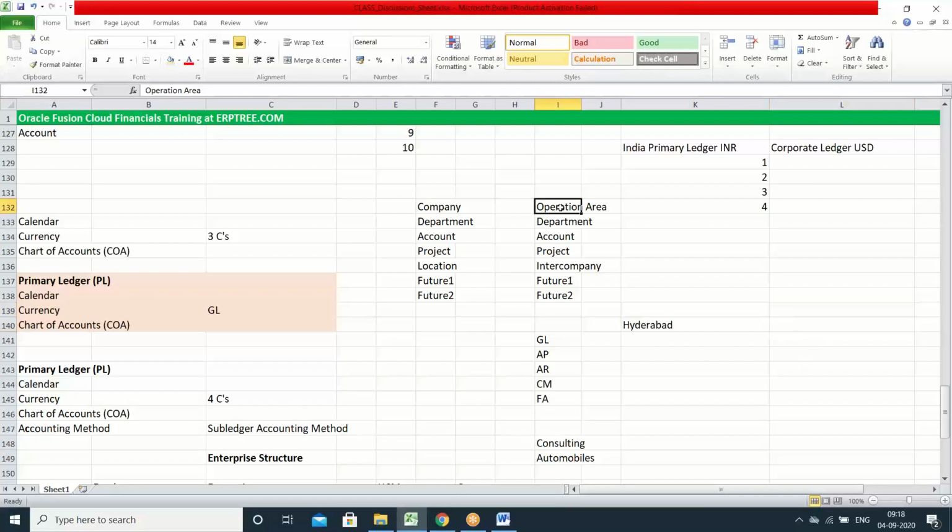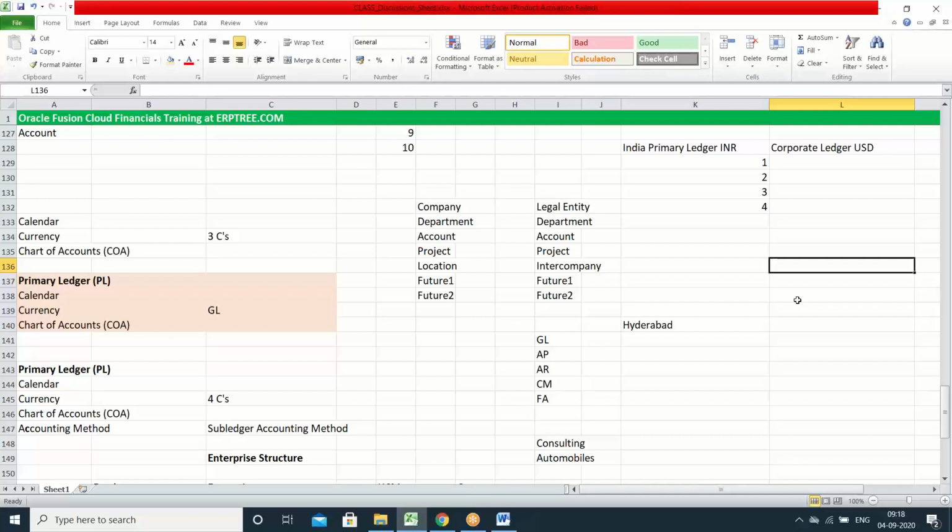So in that case, you can take this as a legal entity also. When your number of legal entities is equal to the number of business units, then you can take the segment name as a legal entity also. You have only one legal entity and only one business unit, so you can record the transactions with the business unit name or legal entity name; both are the same.